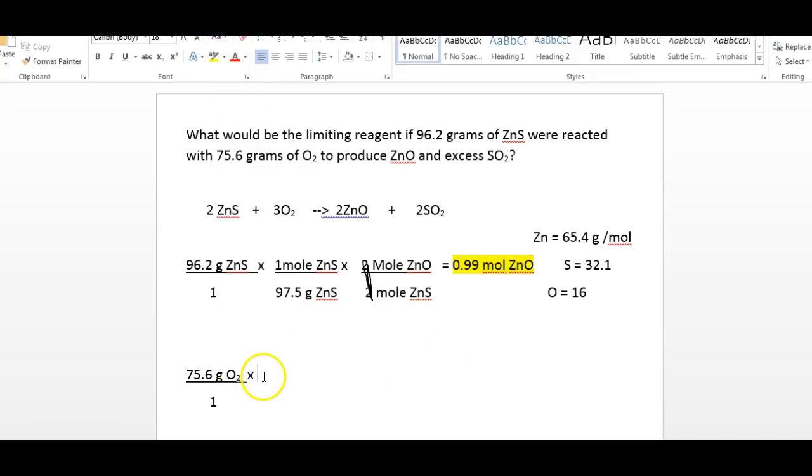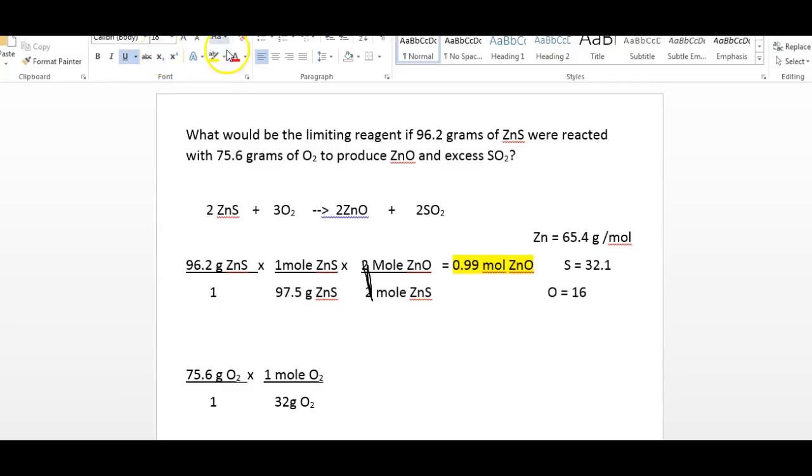And if we do the same thing with this one, again we're going to start off with 1 mole of O2. I'll show you why we do that in a minute. That's going to be how many grams? We just take oxygen times 2, 32 grams of O2.